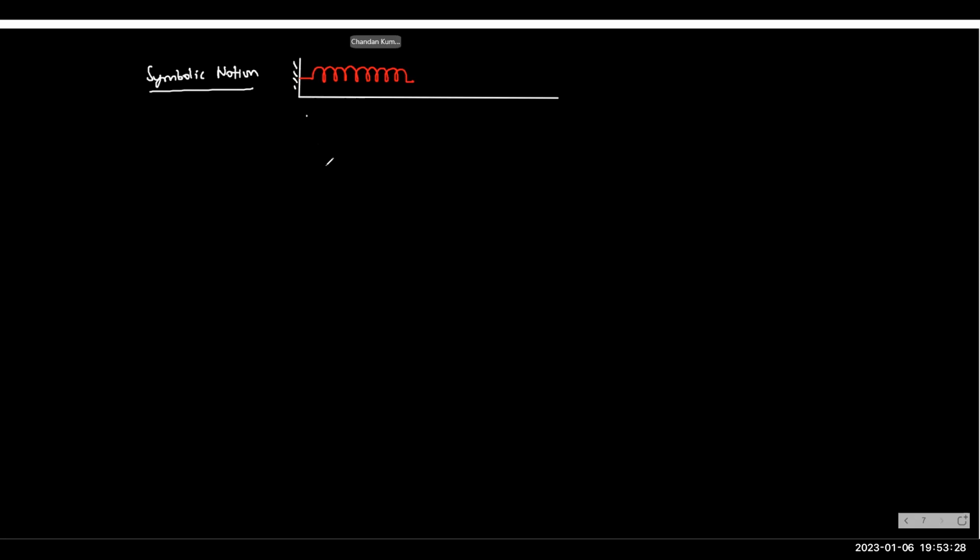So what is a helical spring actually? So you can draw a helical spring like this also. This is the two-dimensional view. Of course, this is the three-dimensional view.